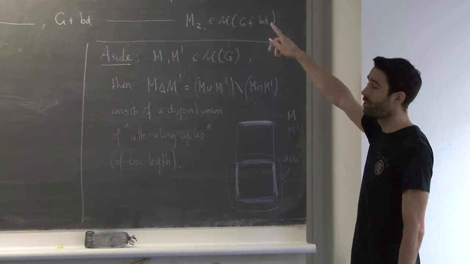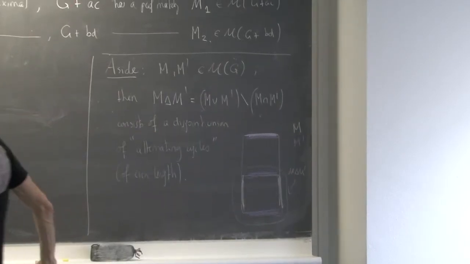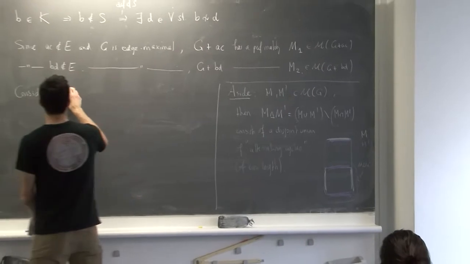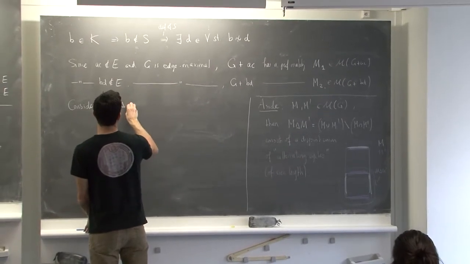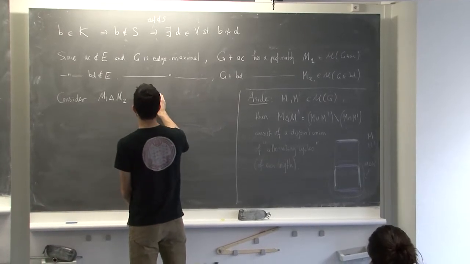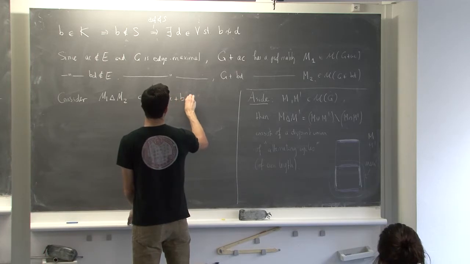So now we have these two matchings. Let's go back to the proof. So what we do now is consider their symmetric difference, M1 symmetric difference M2, which is now in the graph G plus AC plus BD.